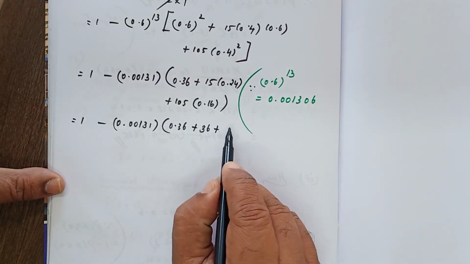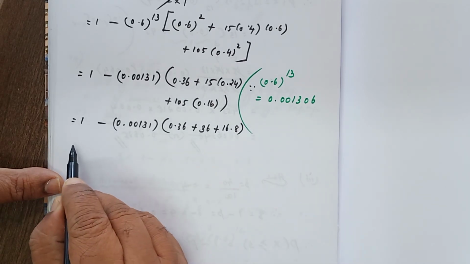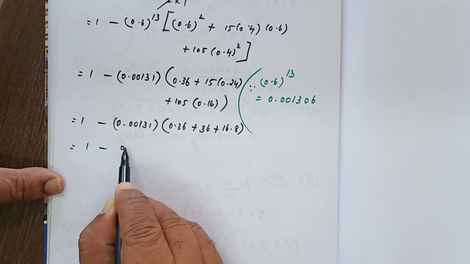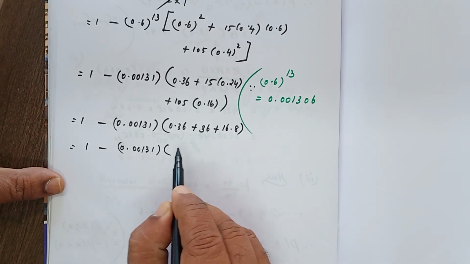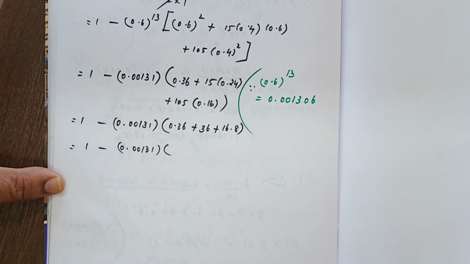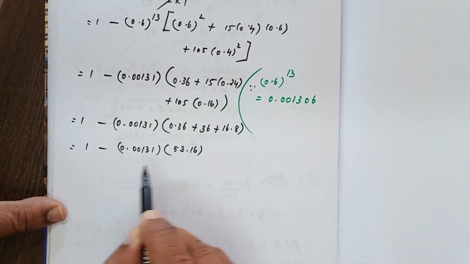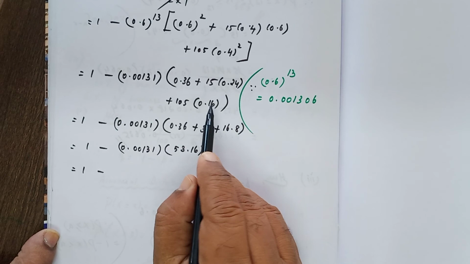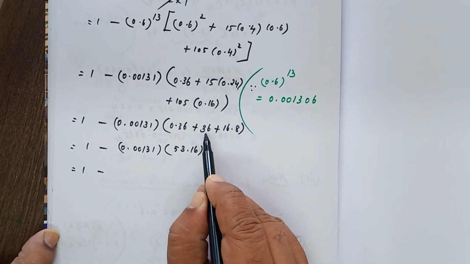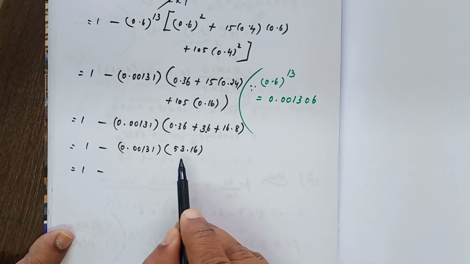If you multiply these two, you will get 3.6, not 36, 3.6. If you add everything, you will get 20.76.